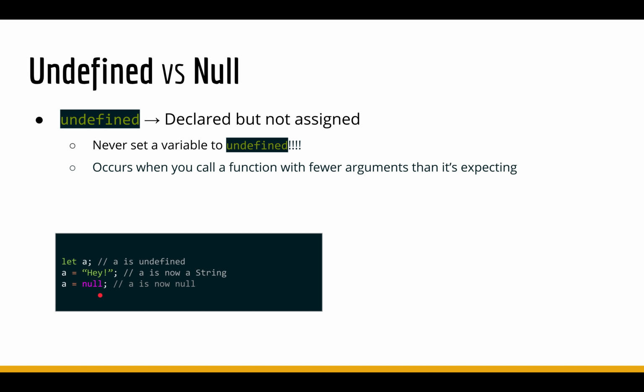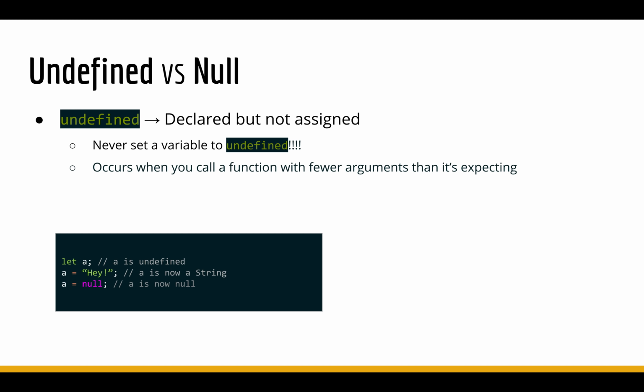Now one thing that you should always keep in your mind is that you should never set a variable explicitly to undefined, because JavaScript developers understand undefined as the default that JavaScript, the engine, assigns to variables. And so once you start assigning things to undefined, things get very confusing for other developers who have to use your code, because they don't expect other developers to be assigning things to undefined.